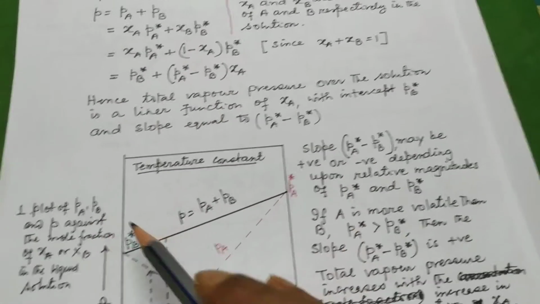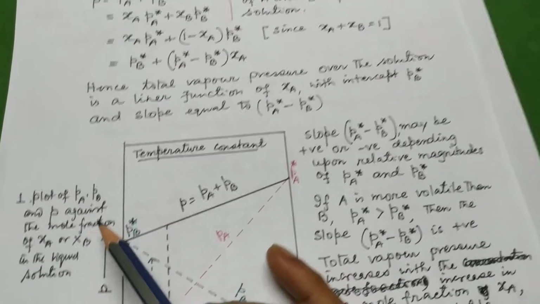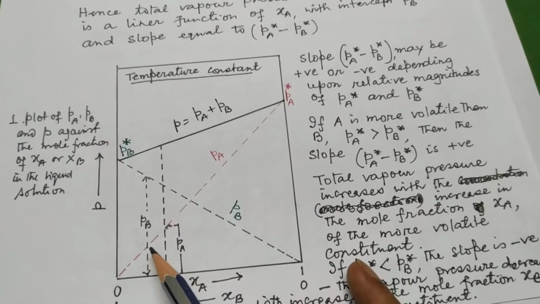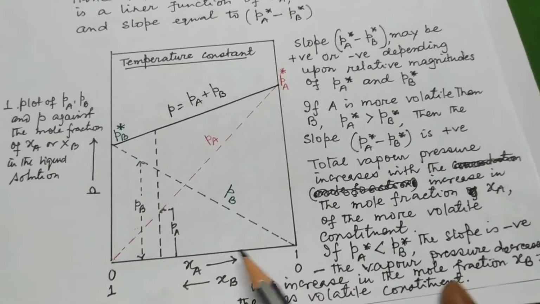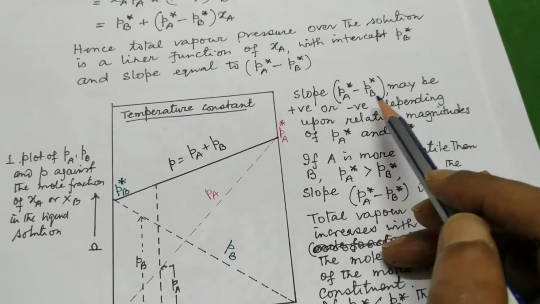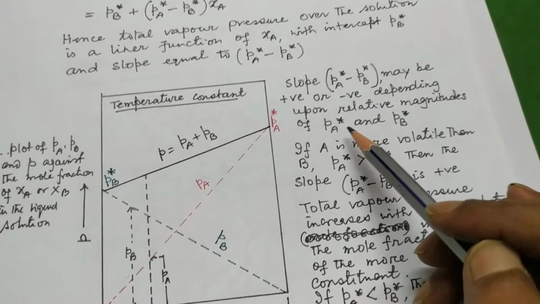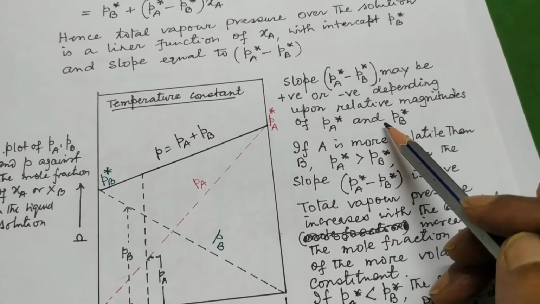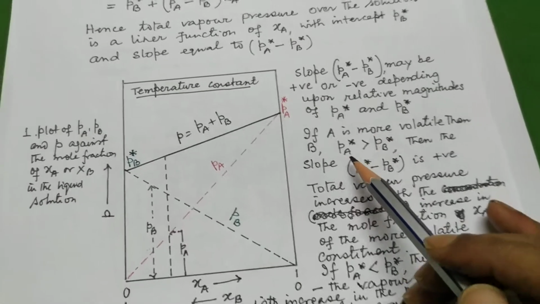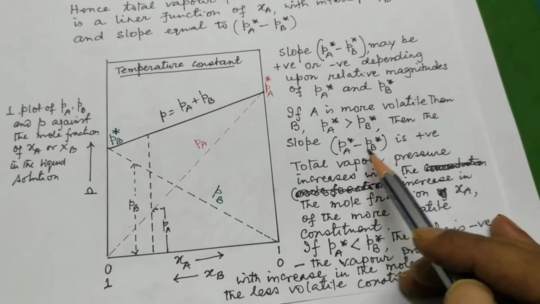Now, if we plot PA, PB and P against the mole fraction XA or XB in the liquid solution, we can say that the slope PA star minus PB star may be positive or negative depending upon the relative magnitudes of PA star and PB star. If A is more volatile than B, then PA star is greater than PB star, then the slope PA star minus PB star is positive.